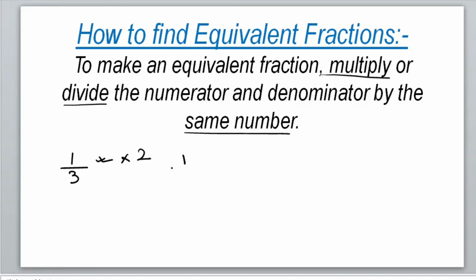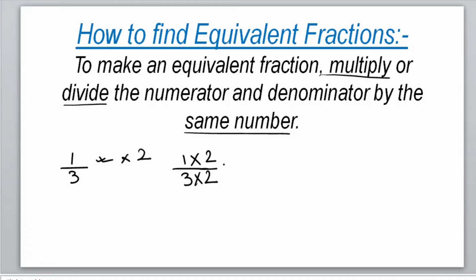So 1 is multiplied with 2 and 3 is multiplied with 2, because we have to multiply the numerator and denominator both with the same number. 1 is the numerator and 3 is the denominator. So if we are multiplying with 2, we multiply 1 with 2 and 3 with 2. We have to use the same number. We can't use a different number.